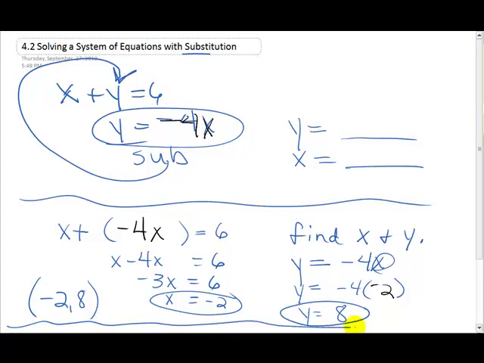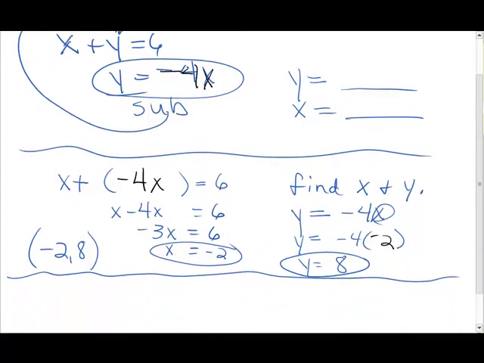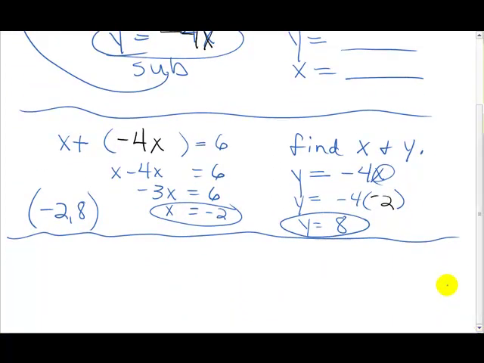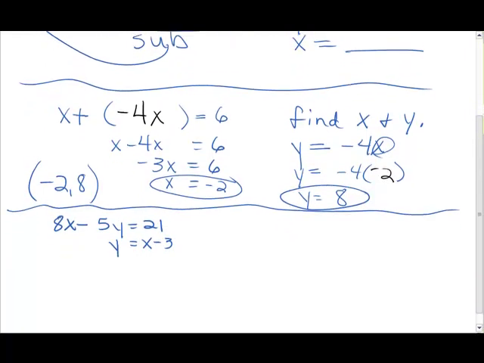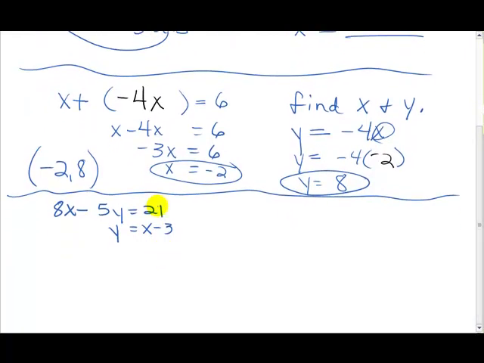Okay, let's move to another one. Okay, so here, this is what we want.